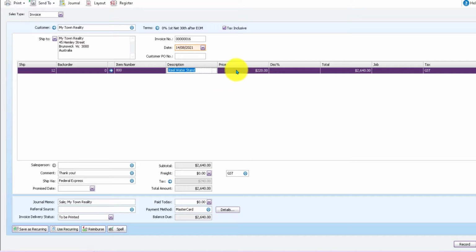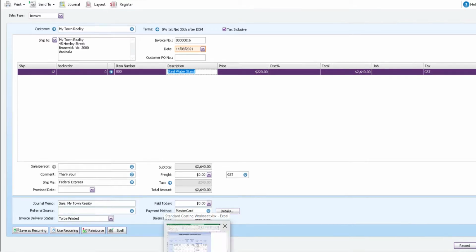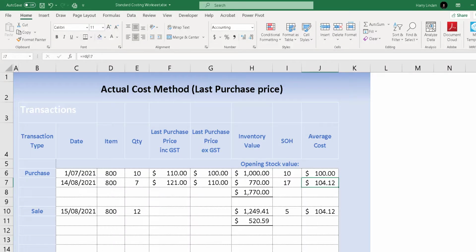That's the sell price, but that's not part of what we're looking at at the moment. We're looking at the cost of sales here. As I said, the purchase price doesn't apply. We're not looking at the sell price now; that's when we look at the profitability of the costings against that item.